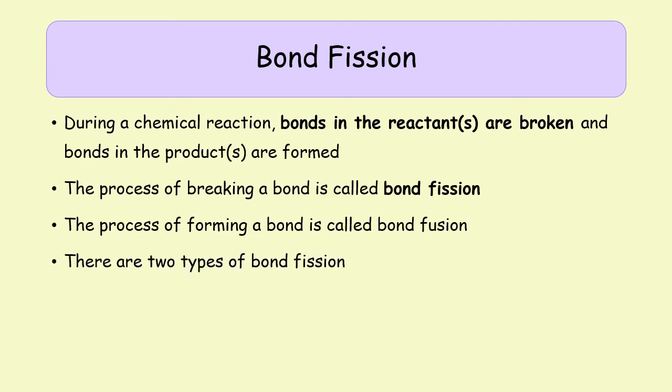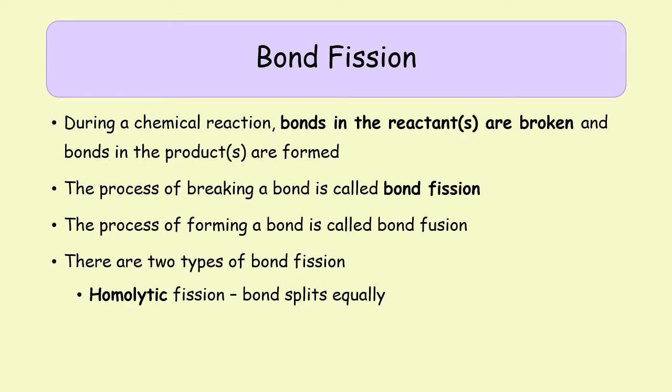And there are 2 types of bond fission. Now the main one that you've looked at in higher is what we would call homolytic fission, and that is the type of fission that leads to the formation of free radicals.